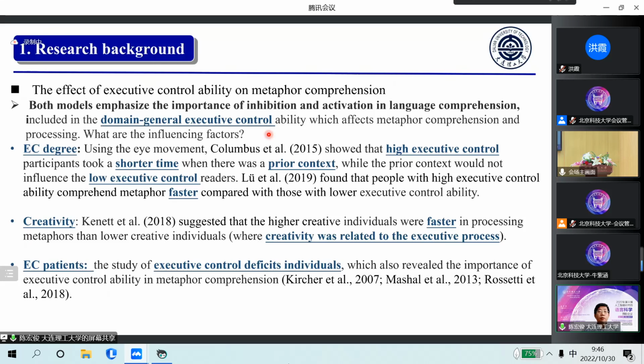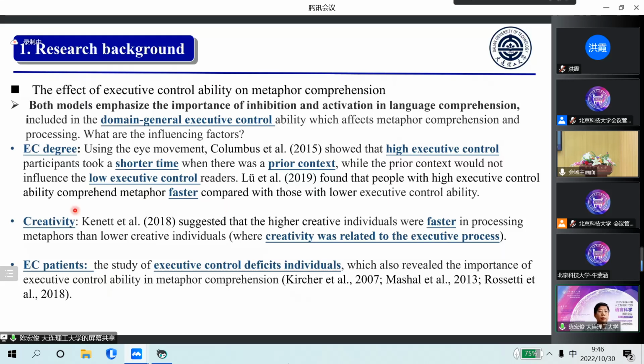So what are the influencing factors and what have researchers done? A lot of researchers have done some research. For example, on executive functional control ability. These researchers tried to see how high EC and low EC individuals respond to metaphor understanding. They show that high EC individuals respond faster to priming and also to metaphor comprehension.